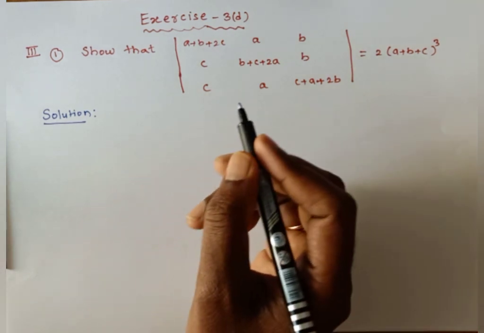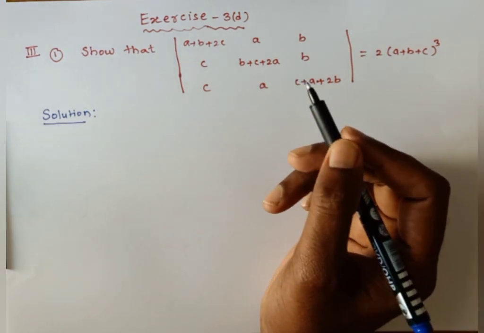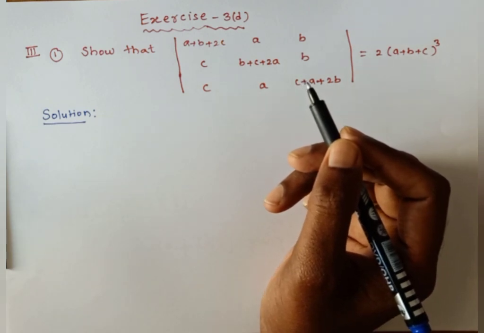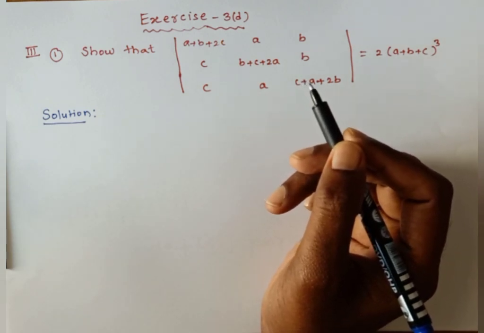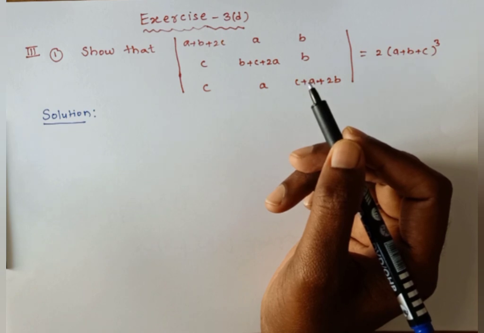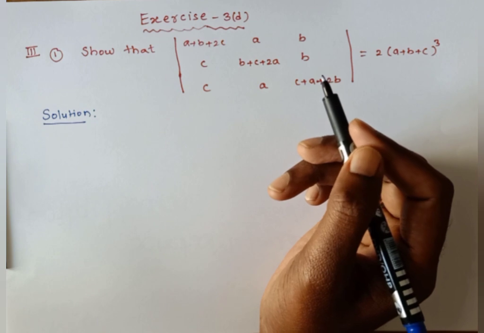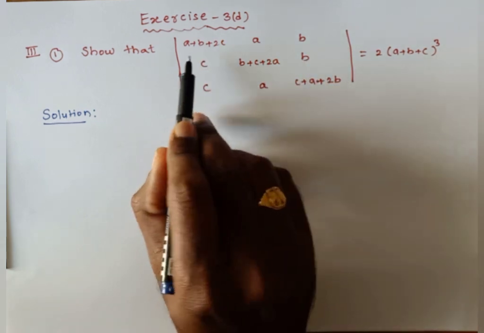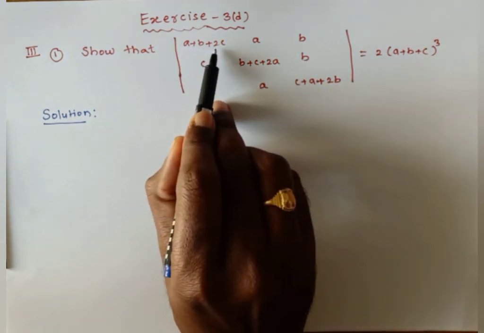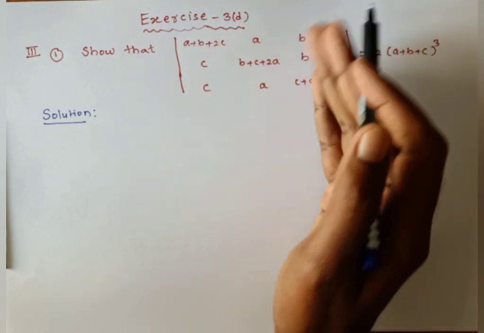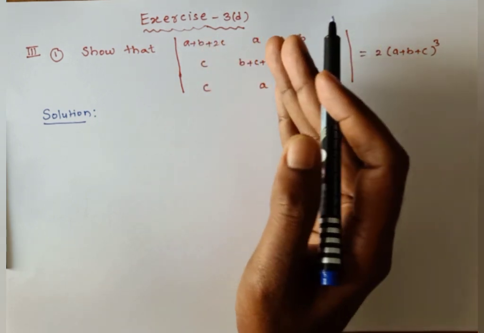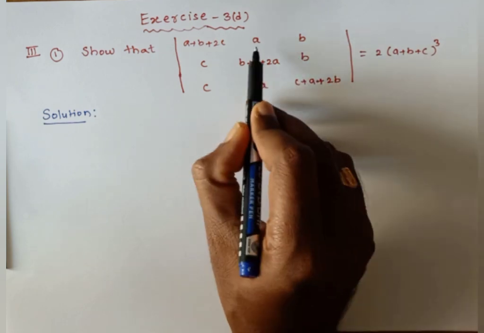Is it easy to calculate or not? What do we have to apply, either row operations or column operations? Think on that. See here, you can observe the elements a, b and 2c, and the corresponding columns 2 and 3 have a and b.